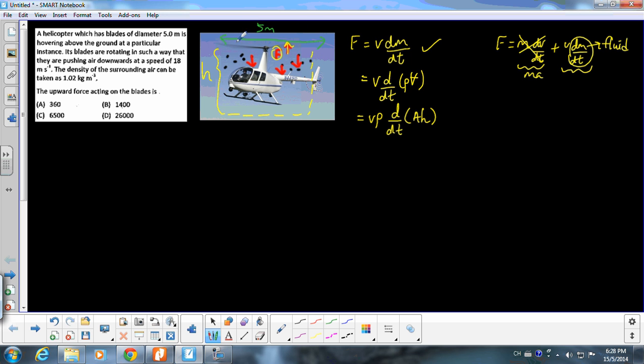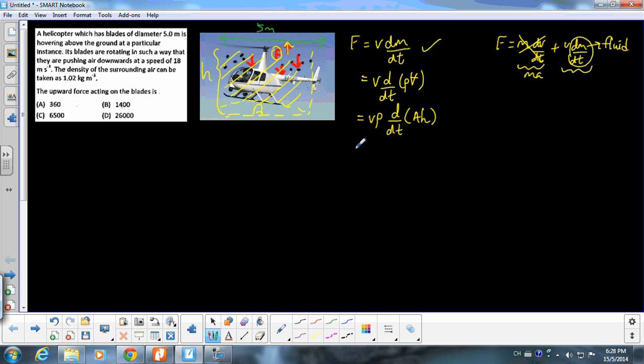The blade is above here, so the air particles are all these air particles below. Don't forget, when the blade is rotating, it forms a circle, so the area is the area of the circle below.